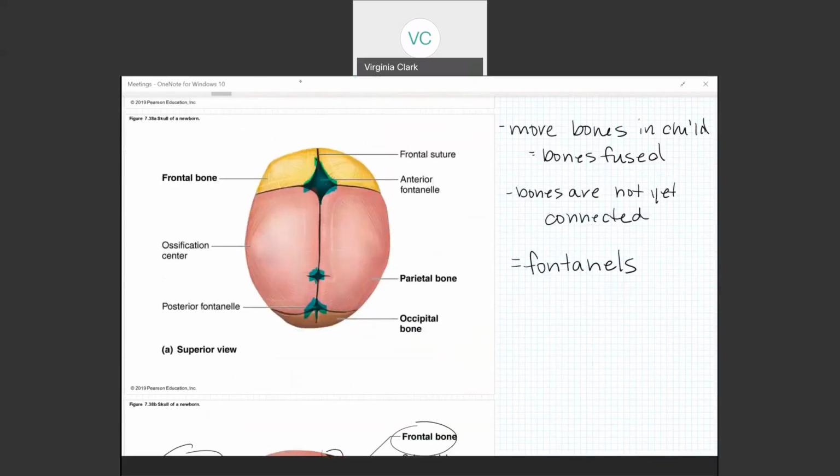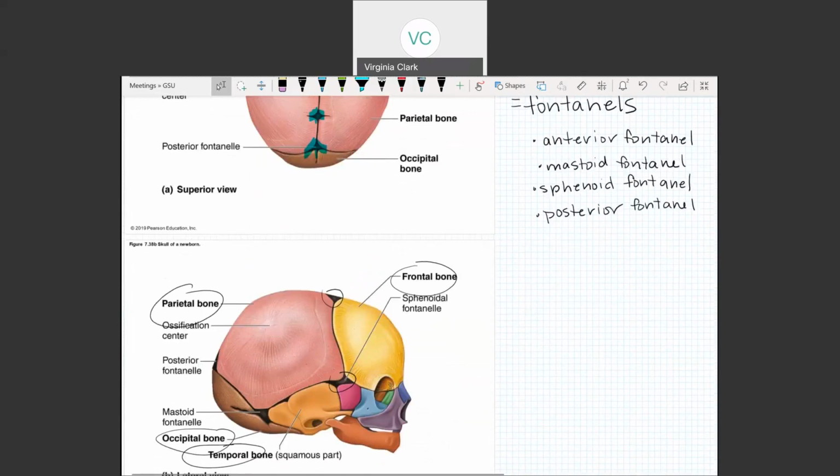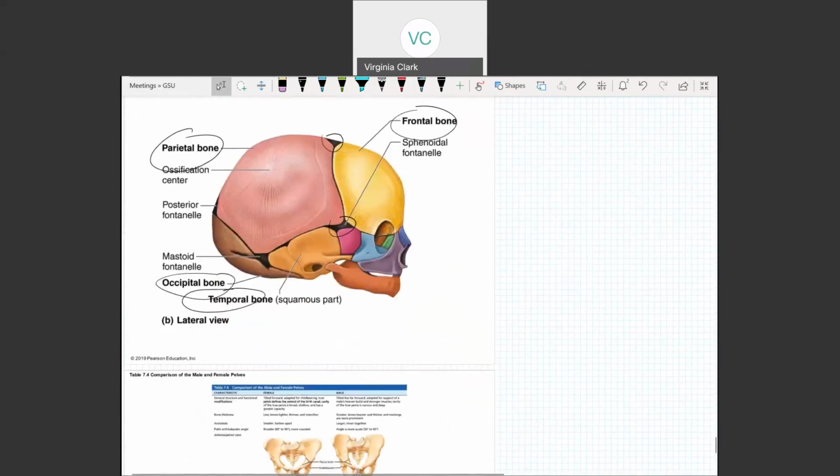Real quick, the ones you need to know are going to be the anterior fontanelle, the mastoid fontanelle, the sphenoid fontanelle, and the posterior fontanelle. These are the primary ones that you need to know in order to understand how these bones all come together.